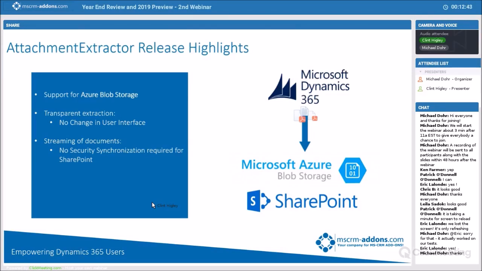Because of the streaming service, where we pull that back and push it back into CRM, you no longer have to do that security sync up between SharePoint and Dynamics 365.